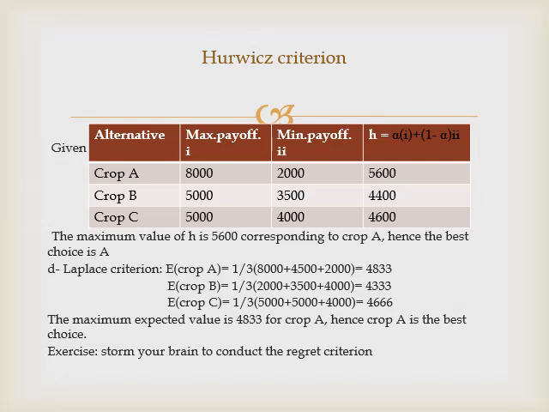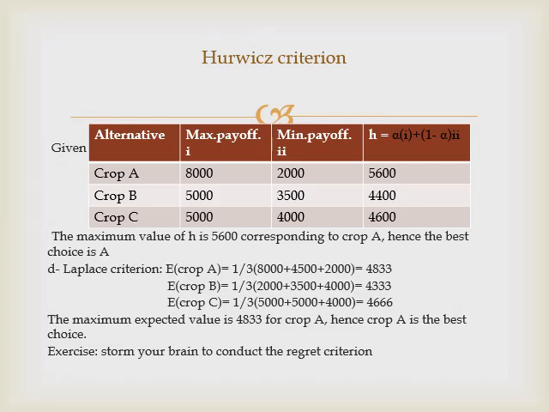H. H equals alpha, the coefficient alpha, multiplied by the maximum, of course, multiplied by I, plus 1 minus alpha multiplied by double I. I is the max, logical, and double I is mine.